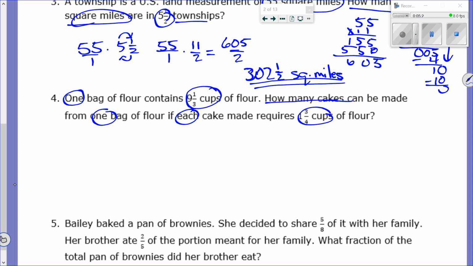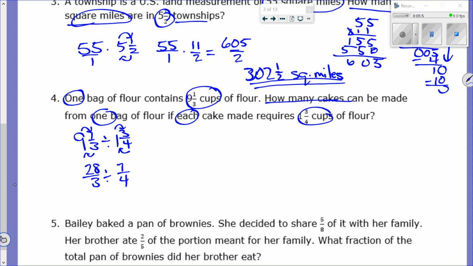Division, because I have the 1 bag, I'm dividing it into each recipe, right? That 1 bag is 9 1/3 cups, so they already gave me that conversion factor. I'm dividing it into 1 3/4 cups. First step is going to be our slam dunks, turn these into improper fractions. So 27 and 1 is 28. 4 times 1 is 4, plus 3 is 7.